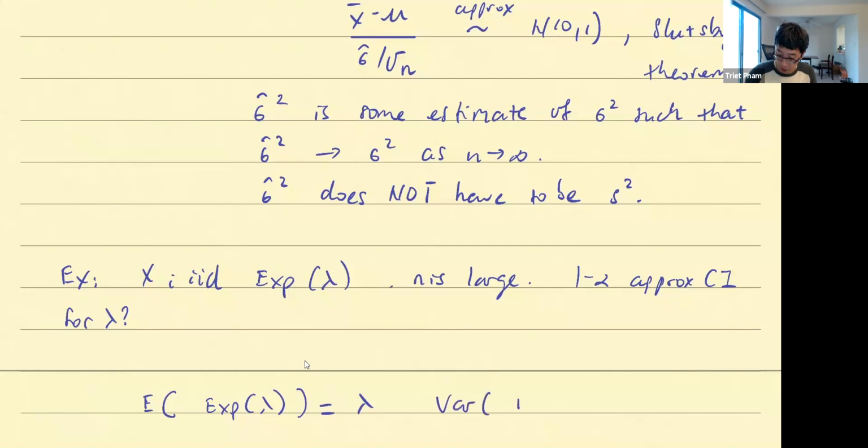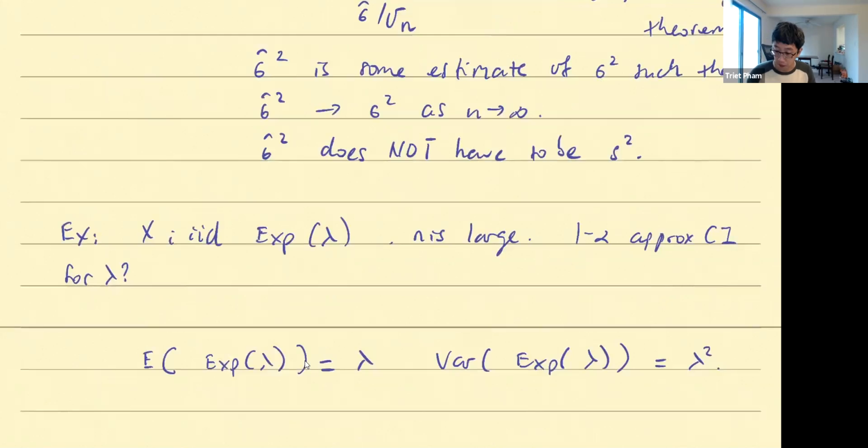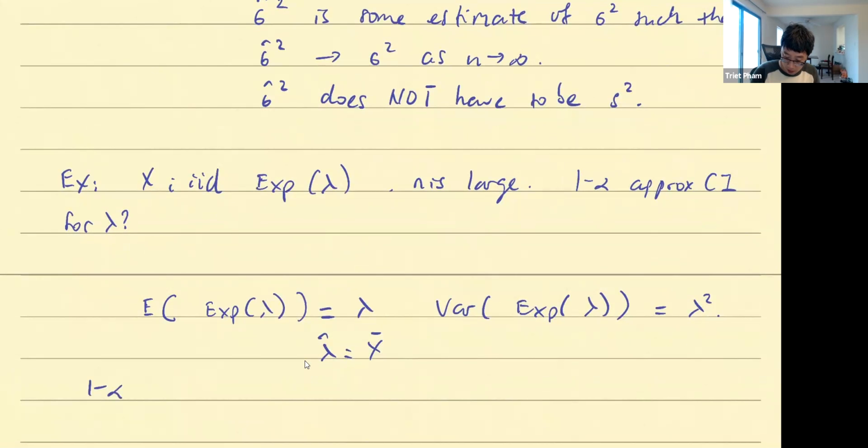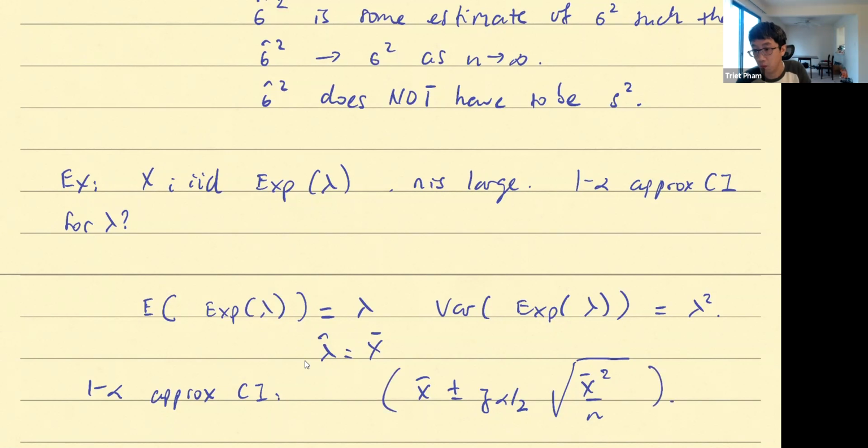The variance of exponential lambda is lambda squared. And so lambda hat is X bar in this case. So the 1 minus alpha approximate, or asymptotic, confidence interval will be x bar plus or minus z alpha over 2 times x bar squared divided by n, square root. Is this okay?